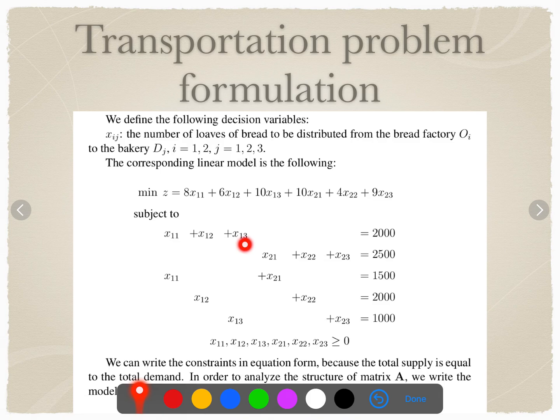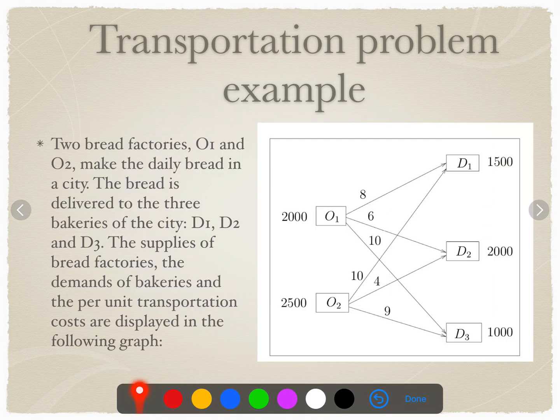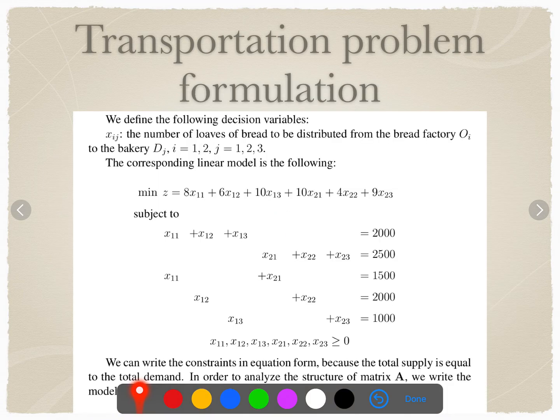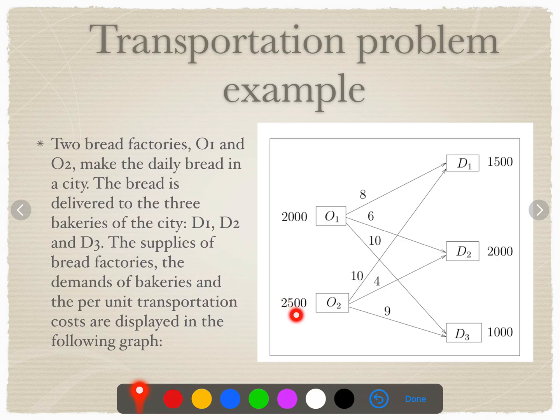X11 plus X12 plus X13 is the material which we are drawing from the first factory, equal to 2000. Similarly, the quantity we are drawing from the second factory, X21 plus X22 plus X23, is 2500.